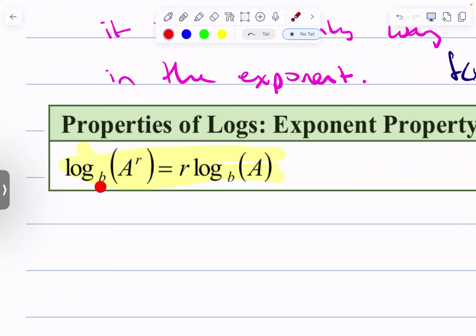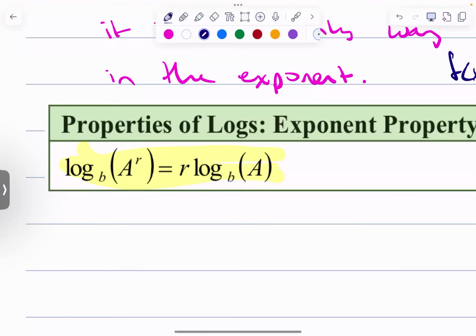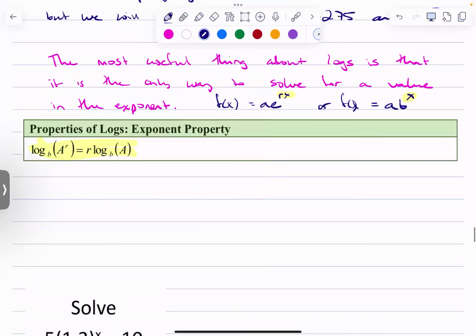If I take any log of a to the power of r, one of the log laws says that that's equivalent to saying r times the log of a. So what's happened here?